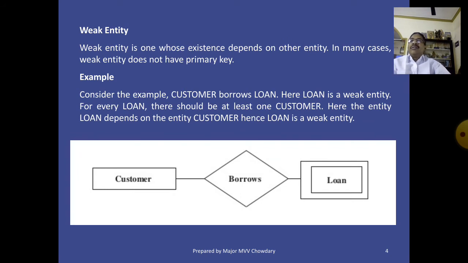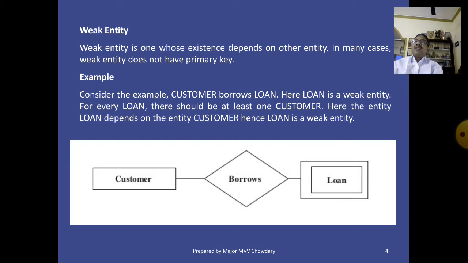Then weak entity. A weak entity is one whose existence depends on another entity. In many cases, a weak entity does not have a primary key. Entity types with no key or primary key are called weak entities.